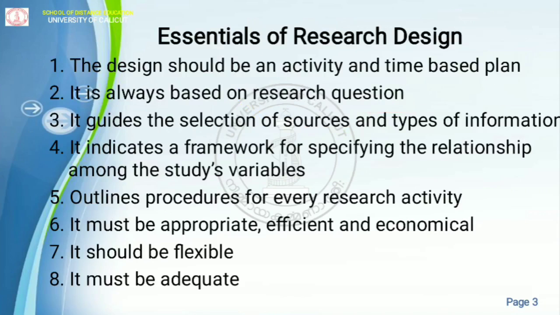Then it guides the selection of sources and types of information, and it indicates the framework for specifying the relationships among the study variables. Then it outlines the procedures of every research activity, and should be flexible, that means changeable, and it must be adequate to the completion of the research.